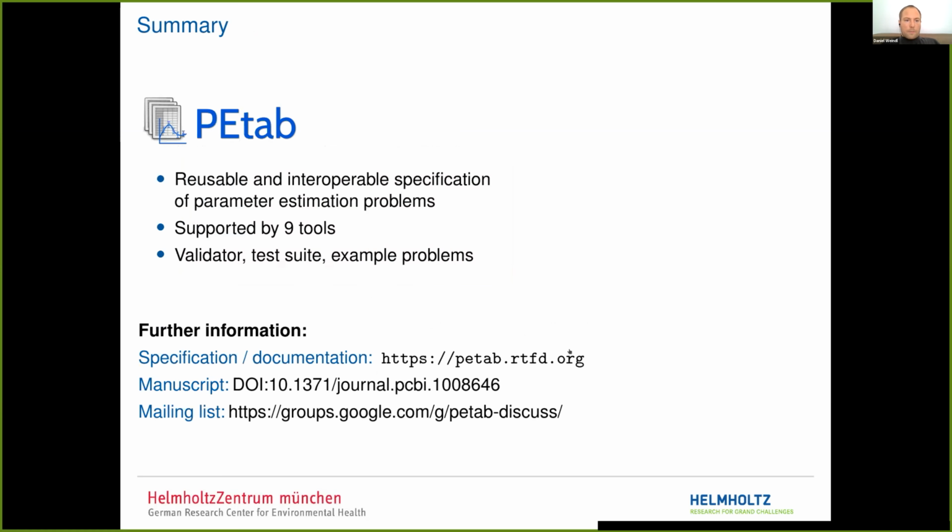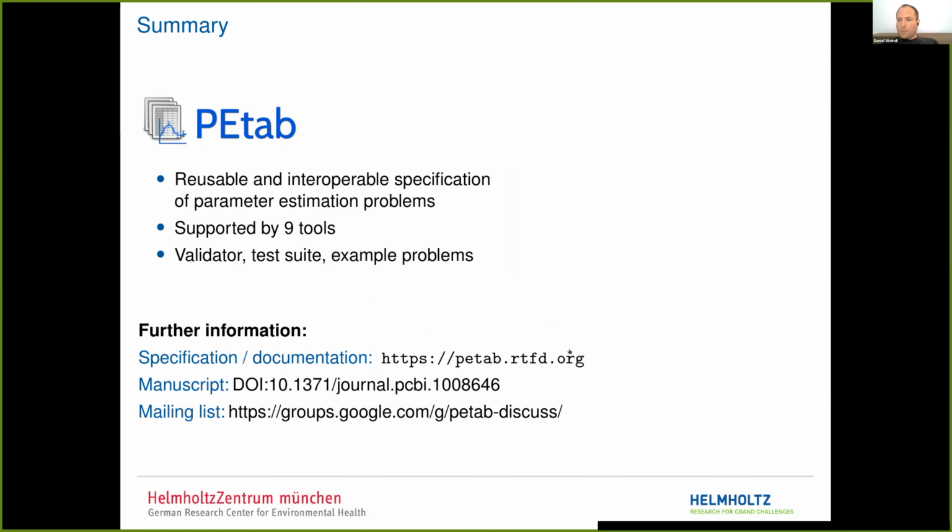With this, I'm already coming to the end. So I hope I gave you a good overview of PTAB as a file format for reusable and interoperable specification of parameter estimation problems. It is supported by a number of tools already. We hope that this list grows.